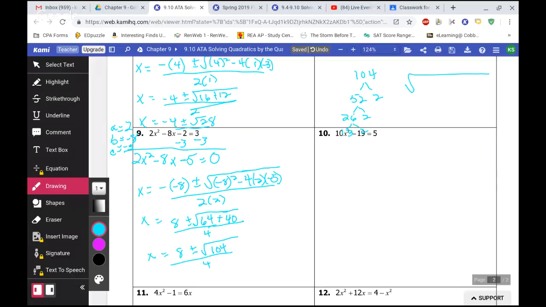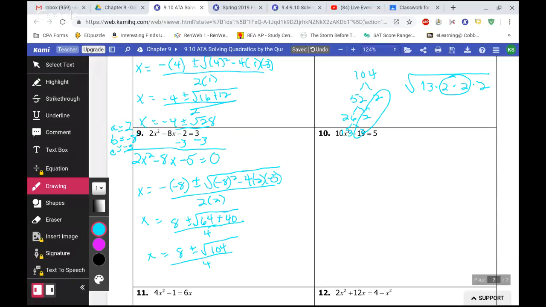So basically, underneath the radical, I have 13 times 2 times 2 times 2. That's these 3 2's. Pairs make squares. The only pair I have is this. So 2 times 2 is 4, and we know the square root of 4 is 2.